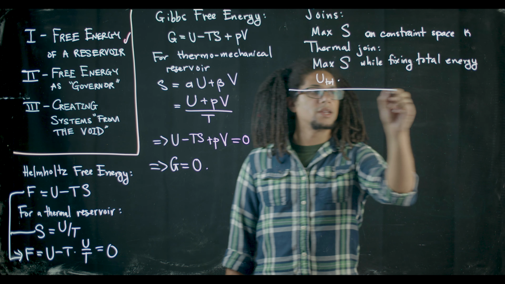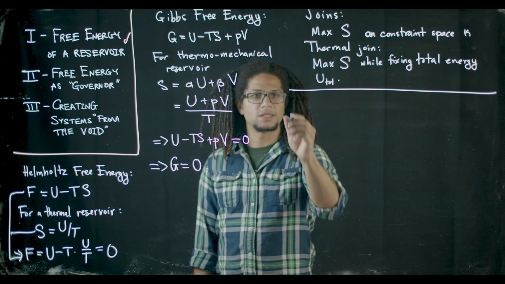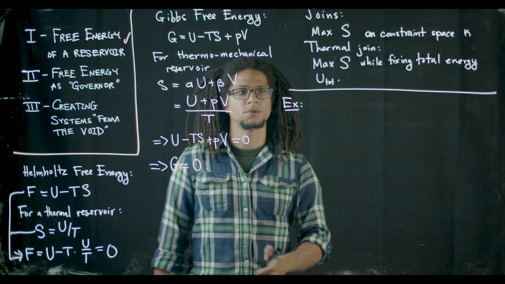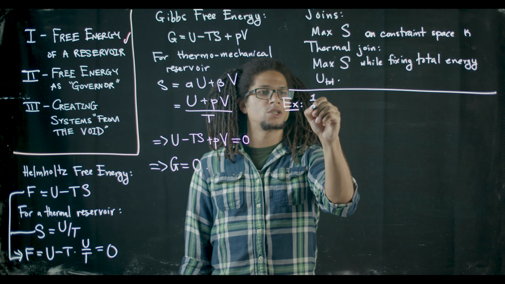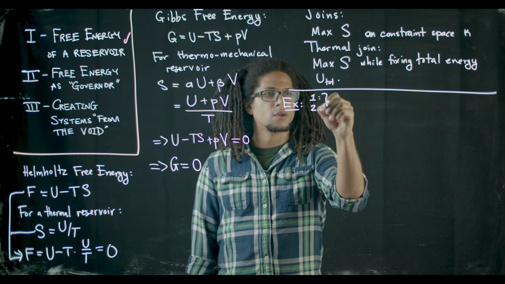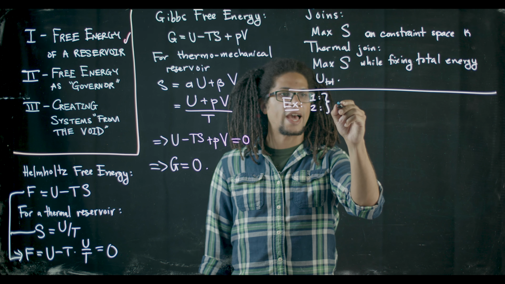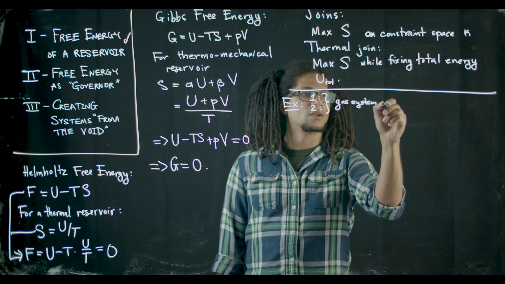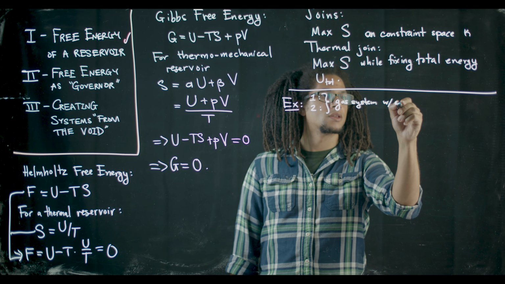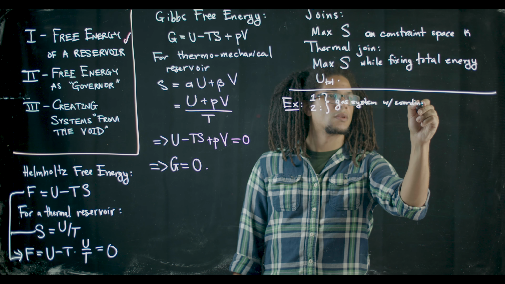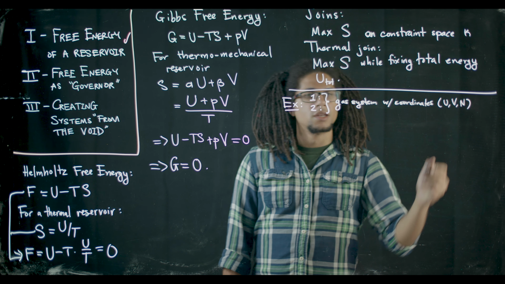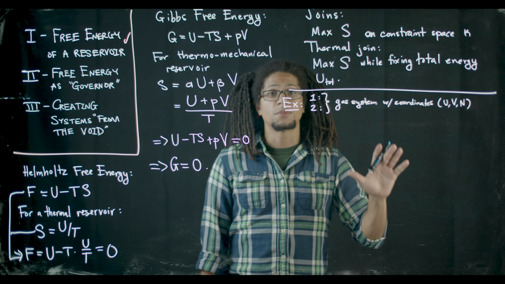With all of this in mind, I want to look at a specific example case in which we actually are going to do a join between three simple systems. The first two are just ordinary gas systems with coordinates U, V, and N. Now, I'm doing this just for simplicity's sake.